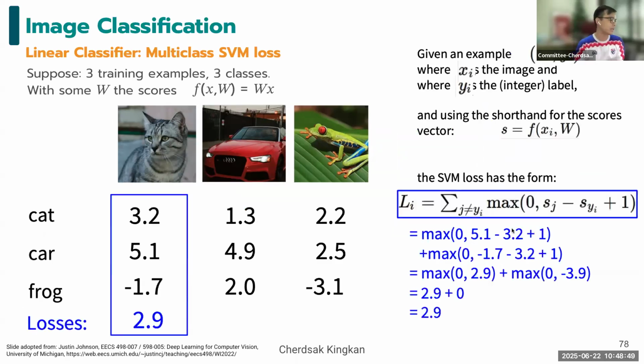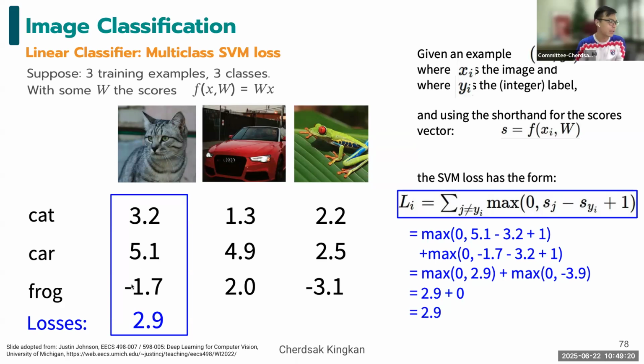Here's the example, like I did before. Here's the example for the first image you feed in, and you're going to get a total of 2.9. You take the max of 5.1 minus 3.2 plus 1, and then you add the max for the other class, where Sj is the other class.